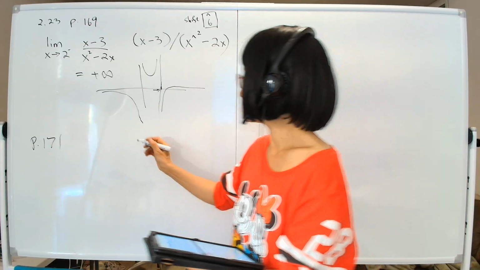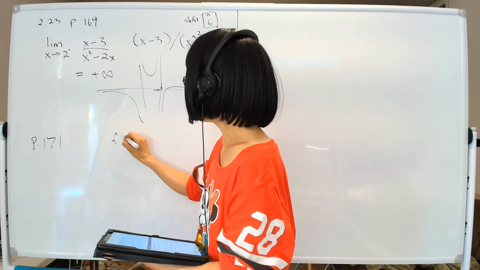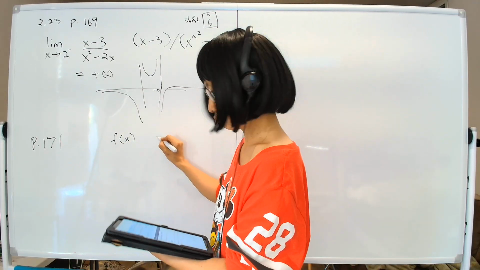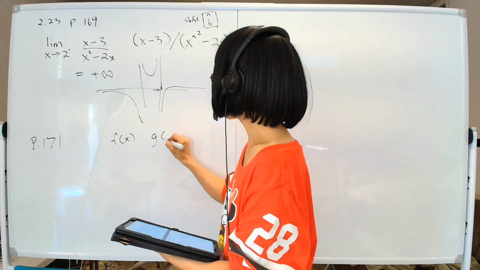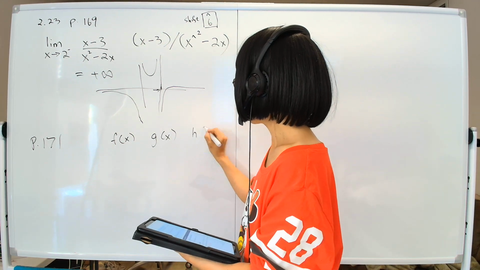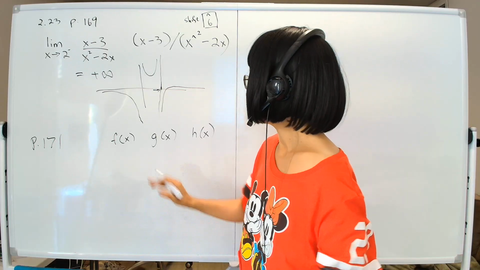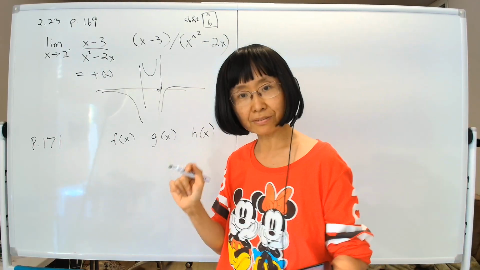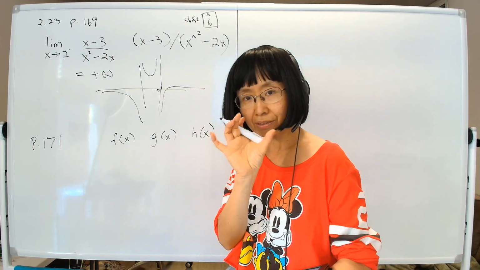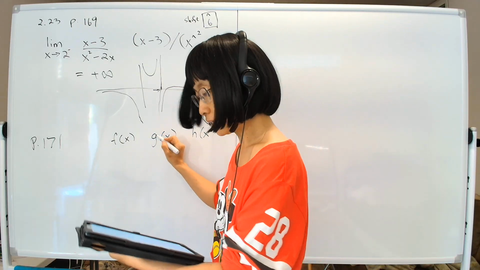So 3 functions, called f of x and g of x and h of x, and for some reason, you can prove that in a small neighborhood this relationship is true.